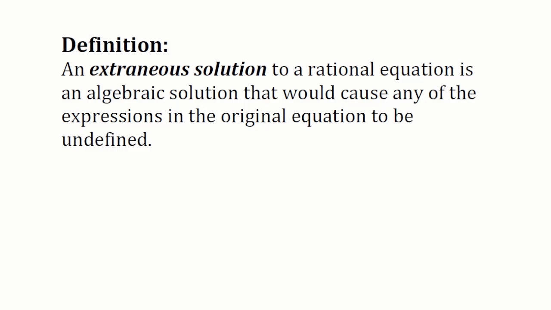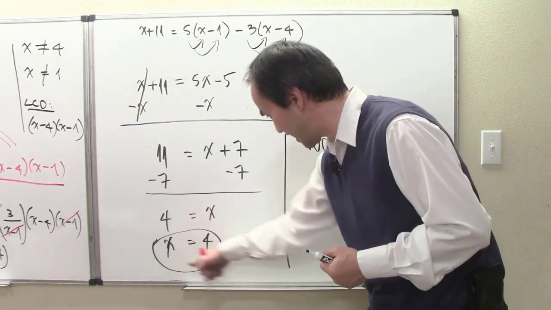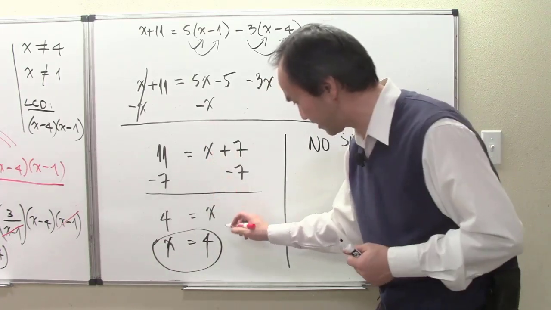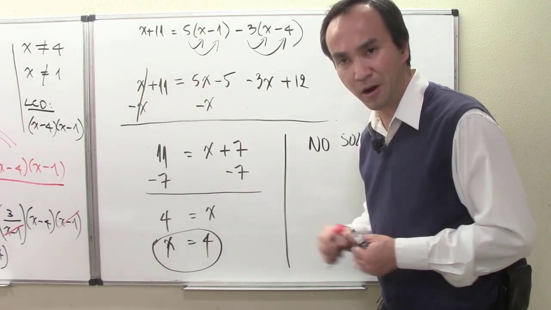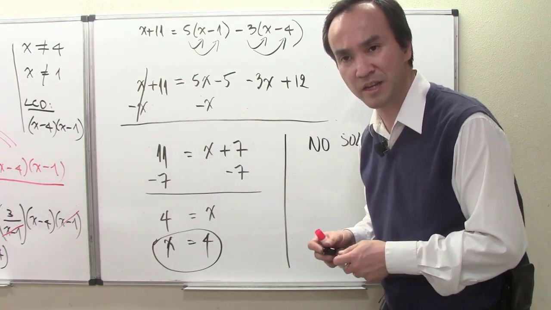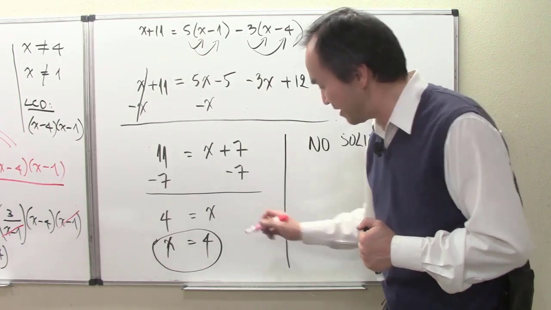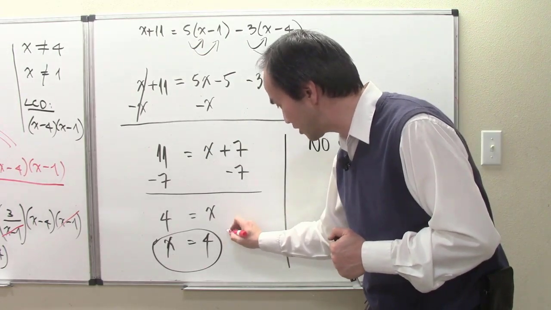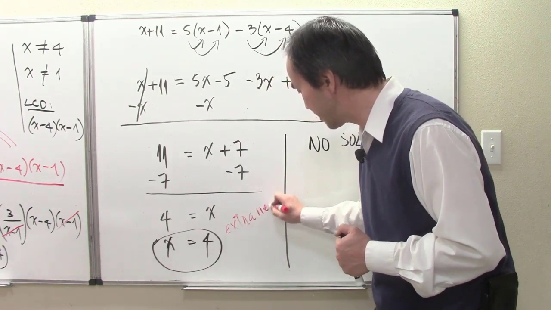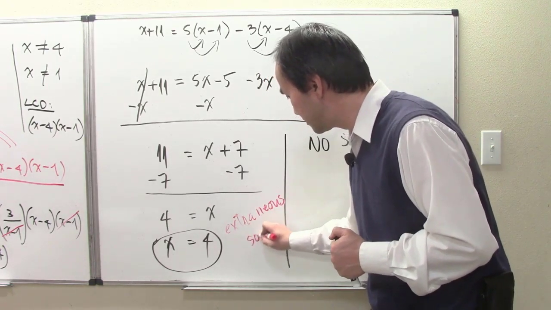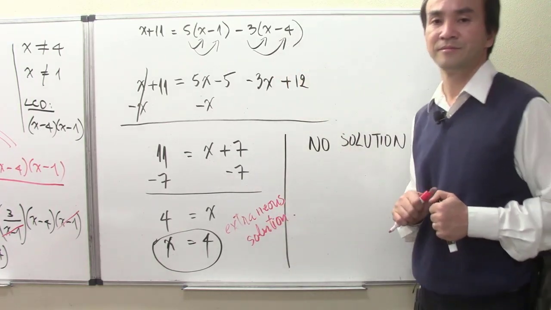We've learned a new term here. We did our work all correctly, but unfortunately that value ran right into one of those we spotted as to be excluded, because they would make some denominator equal 0. In that case, this solution is called an extraneous solution.